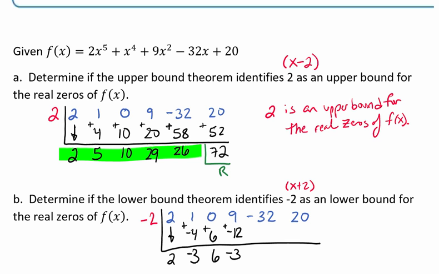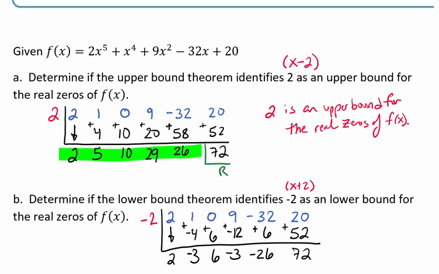Negative 2 times negative 3 is a positive 6. Then we'll add those and get a negative 26. Then we'll take negative 2 and negative 26 and multiply those and get a positive 52 and add these and get a 72. Now we want to check, and we can see that it's not an all non-negative row.